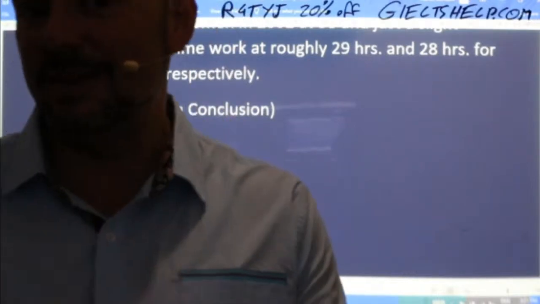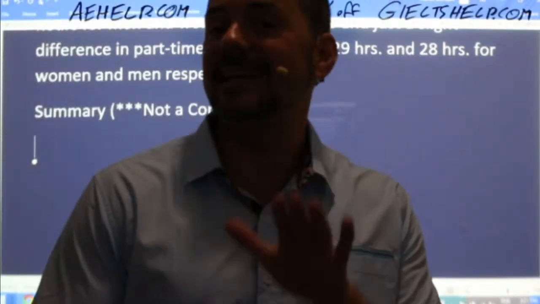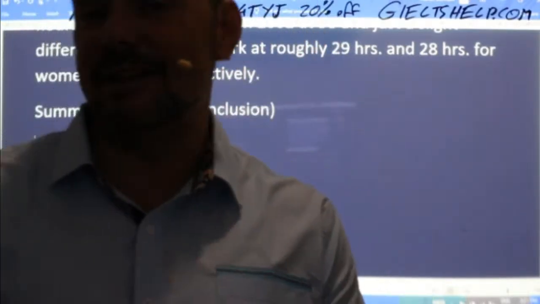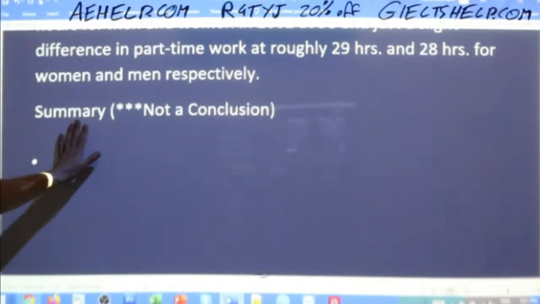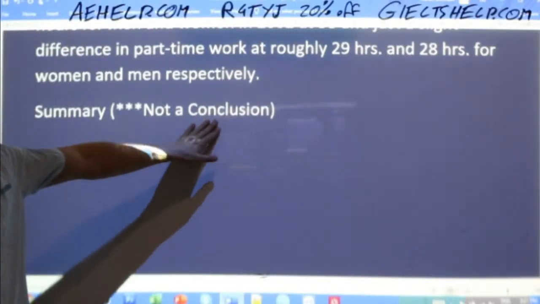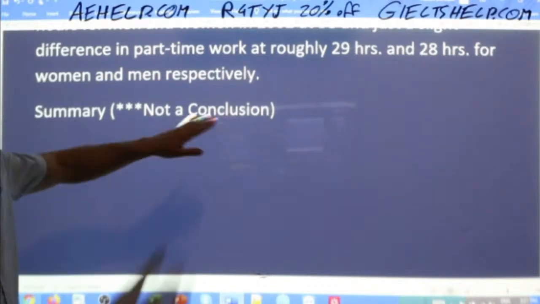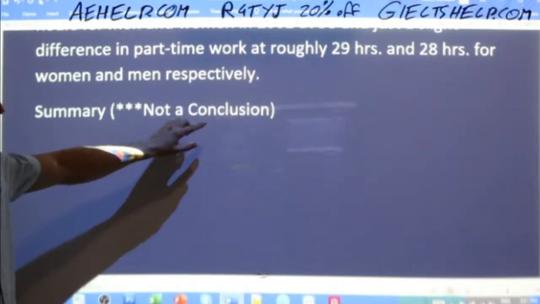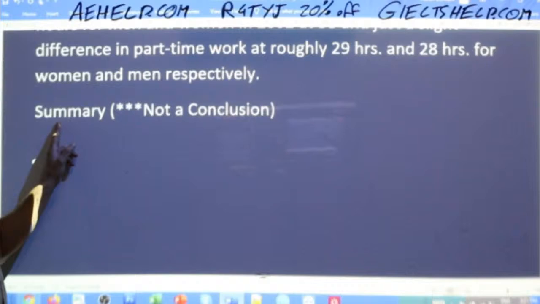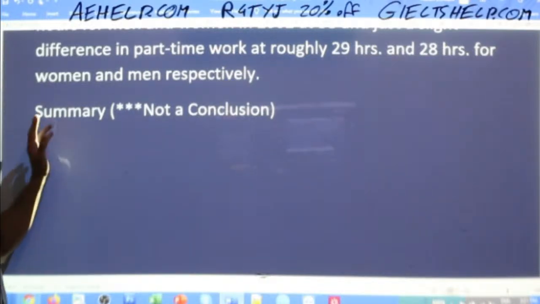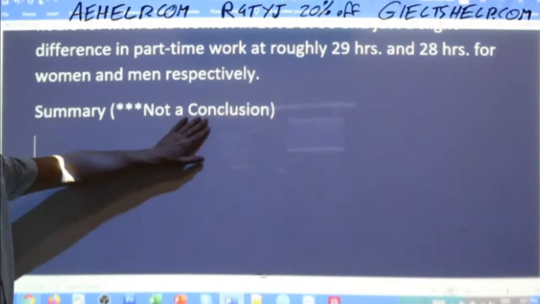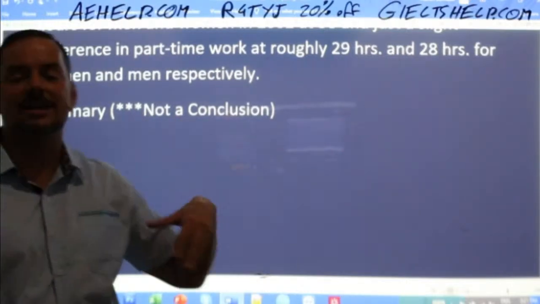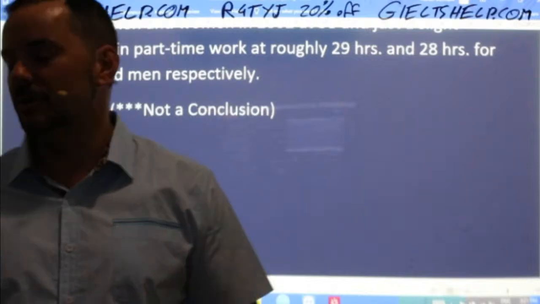They both come at the end of the essay, but they contain different kinds of information. Summary is used for expository essays. Conclusions are used for persuasive and narrative essays. Summaries are also used not just for expository, but also for descriptive essays. So descriptive and expository essays will have a summary. Persuasive and narrative essays will have a conclusion.